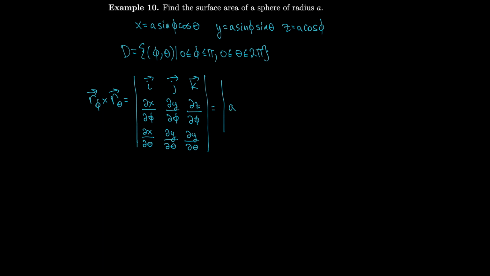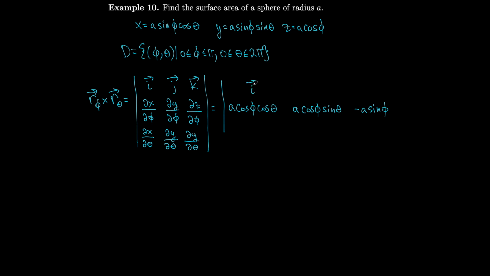I take my partial of x with respect to phi. So I'm looking at this guy over here. So this is constant. So I just get the derivative of sine as cosine. So I have a cosine phi, cosine theta. And then partial of y with respect to phi. So that'll be a cosine phi, sine theta. And then for z, minus a sine phi.